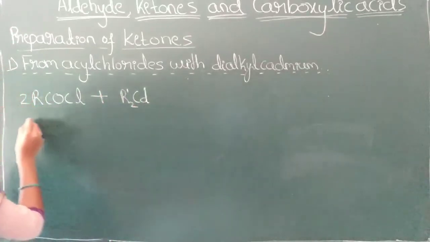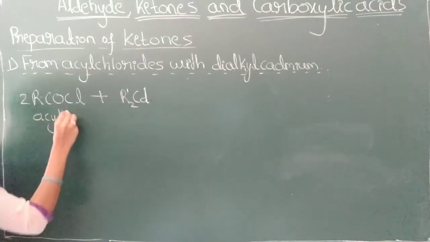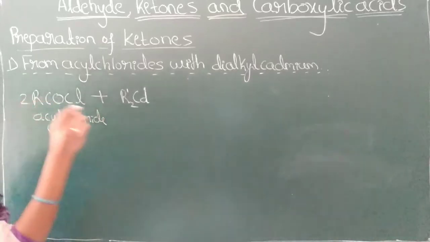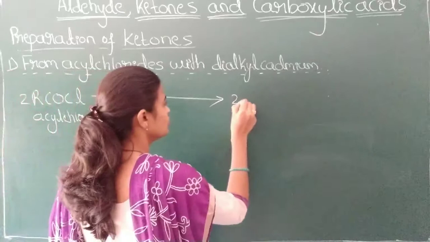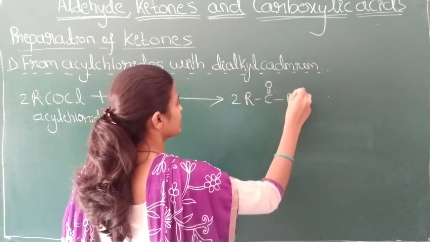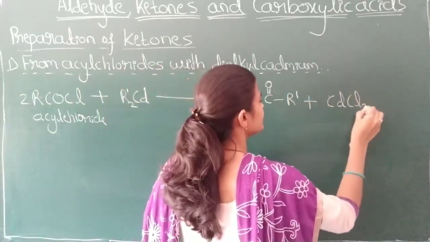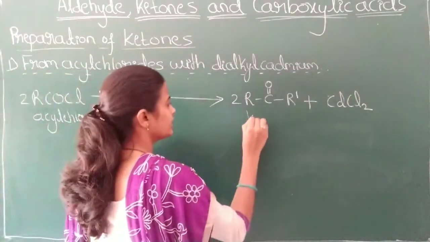When acyl chlorides, also called acid chlorides, are treated with the dialkyl cadmium, what is formed? 2 R C double bond O R dash, plus cadmium chloride CdCl2 is formed, students. This is nothing but a ketone.